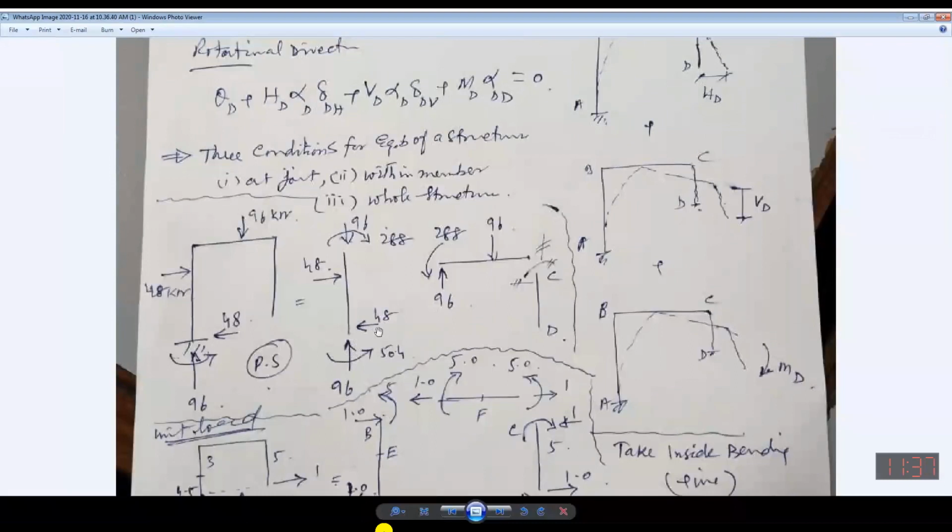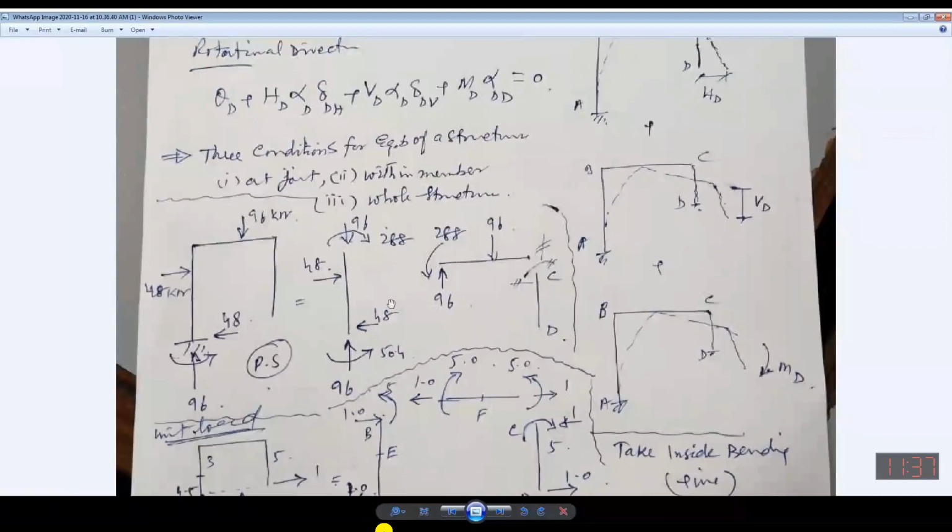Now, due to 48, what will be the nature, sagging or hogging? It will be this one. Inside it will be tension. Am I right? There will be sag due to 48. Why brother, Ayan? Is it okay? Yes, sir.